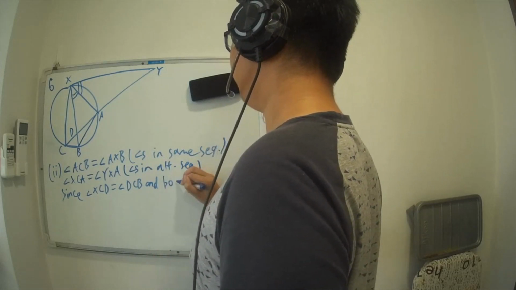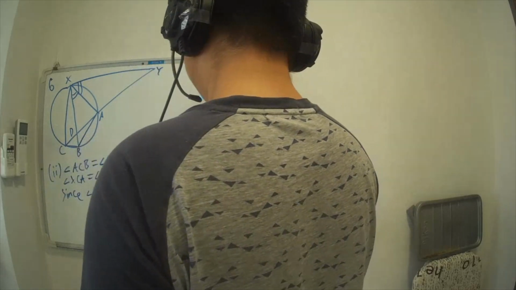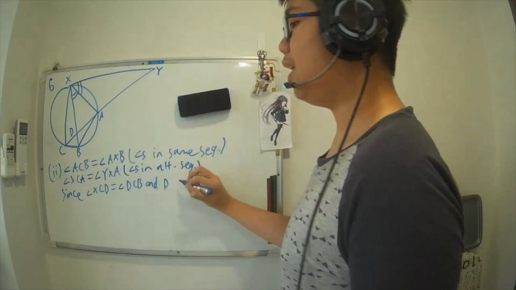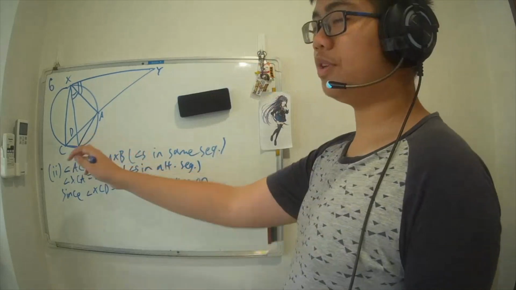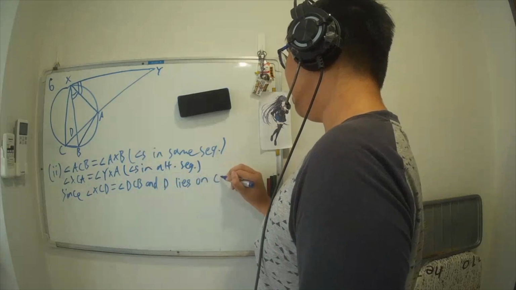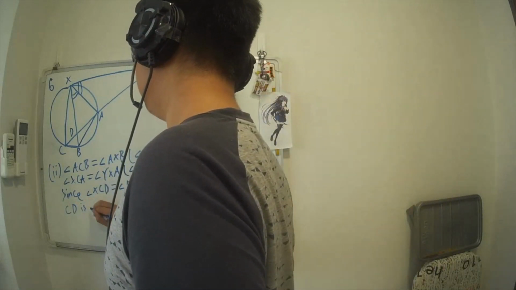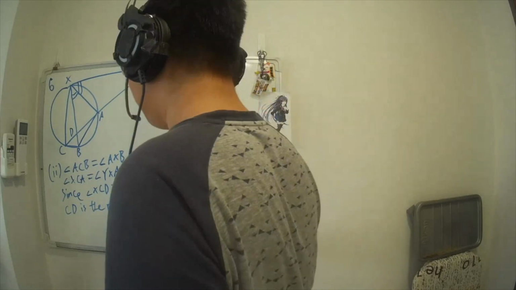And D lies on the line that we want to prove is a bisector, CD. CD is the perpendicular, why do I write perpendicular bisector?